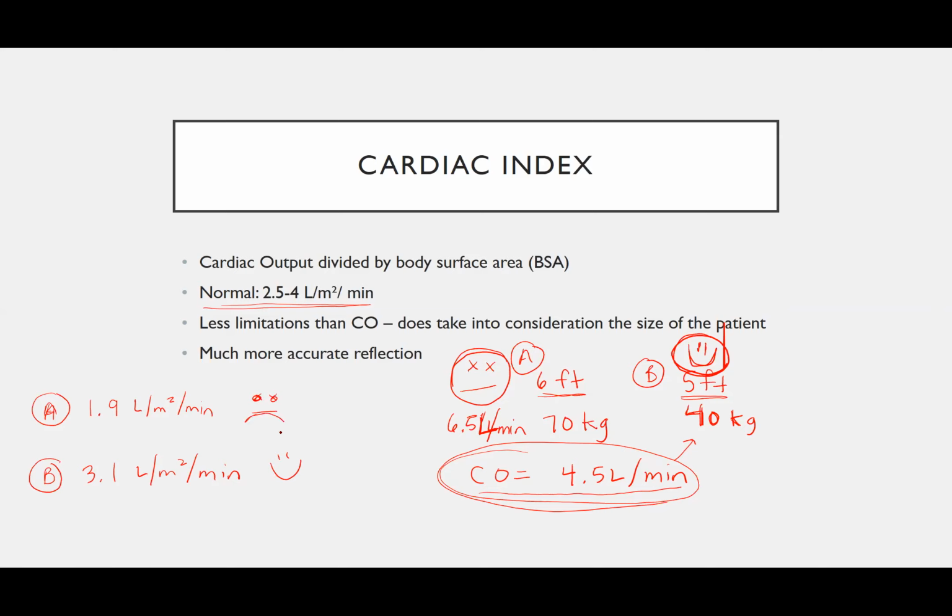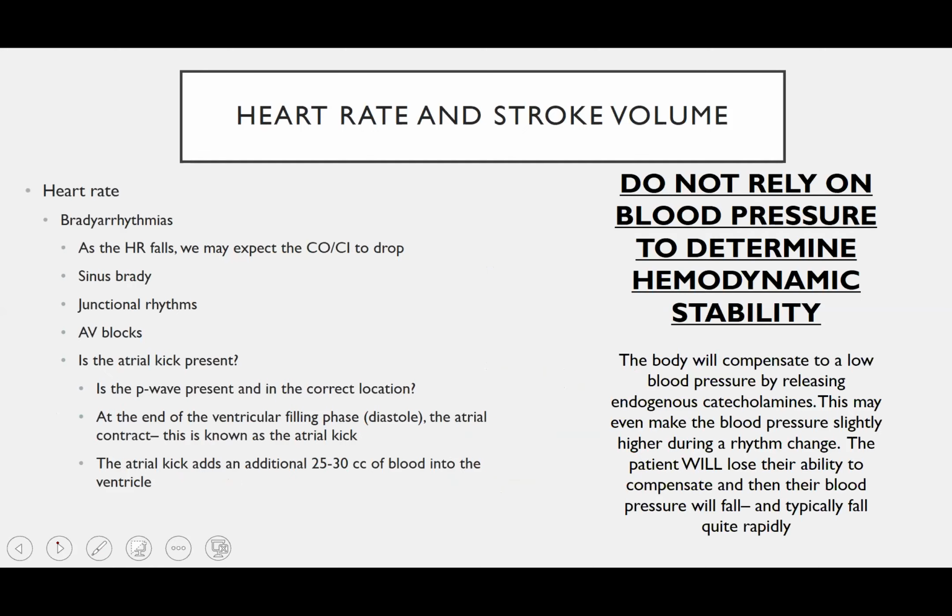We'll give them eyeballs. How about that? We won't make them unconscious yet. So I like to use cardiac index. I think it's a much more accurate reflection of what's actually happening with the patient, and allows me to get a much more accurate picture for assessing someone's hemodynamic status.